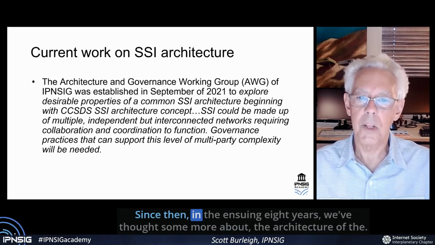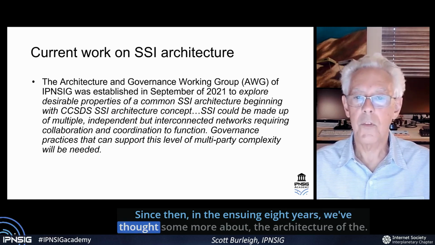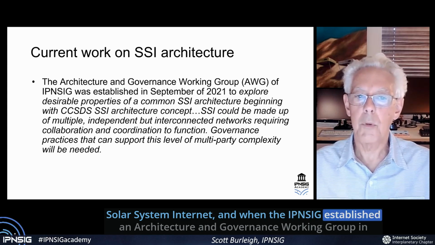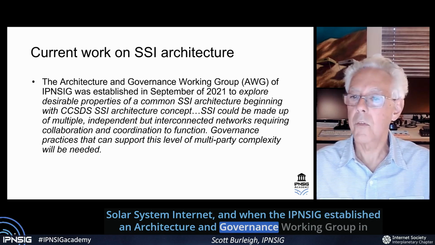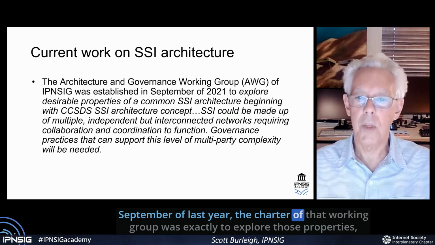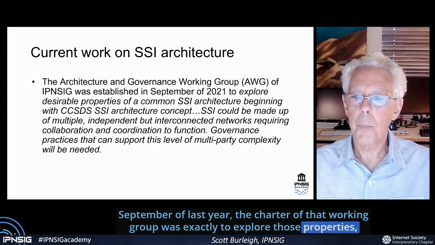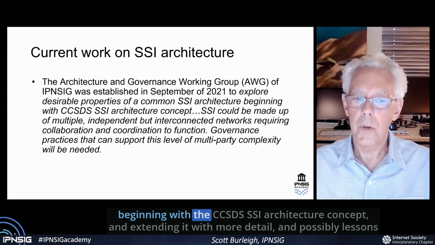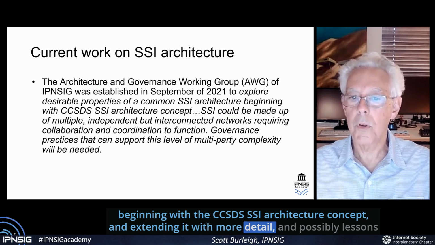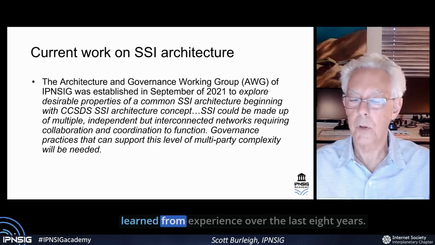Since then, in the ensuing 8 years, we've thought some more about the architecture of the solar system internet. And when the IPNSIG established an architecture and governance working group in September of last year, the charter of that working group was exactly to explore those properties, beginning with the CCSDS SSI architecture concept and extending it with more detail and possibly lessons learned from experience over the last 8 years.